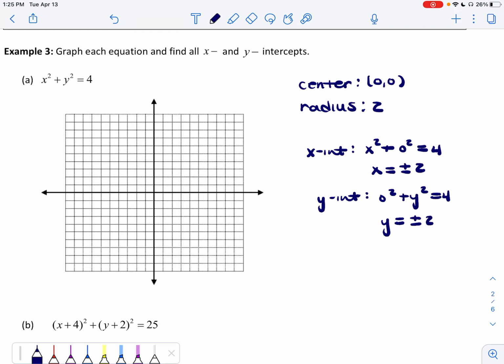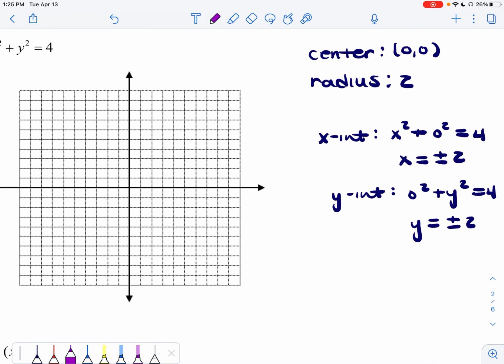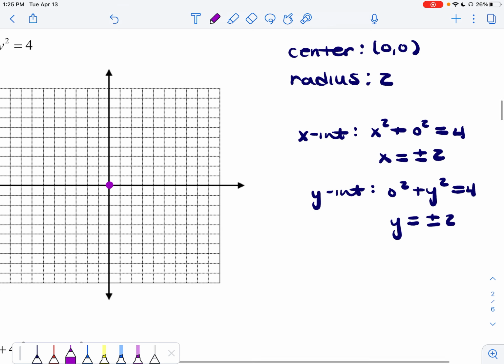Okay. All right, so if we go ahead and graph this, we have our center at (0, 0). And we know that we have a radius of 2, so from the center, you're going to be going out 2 units in every direction and plotting a point.